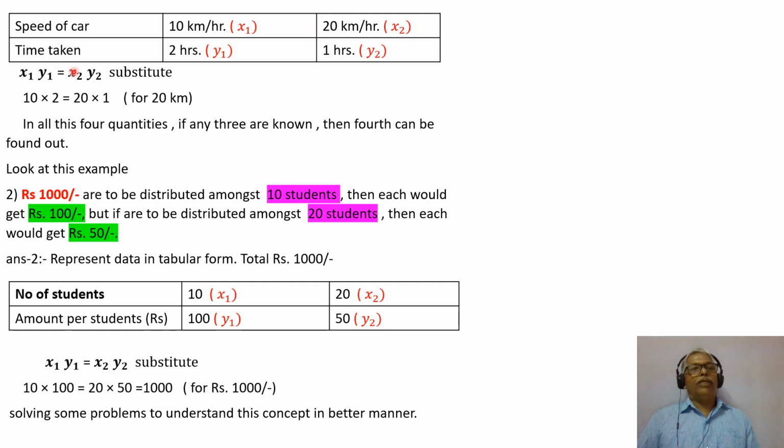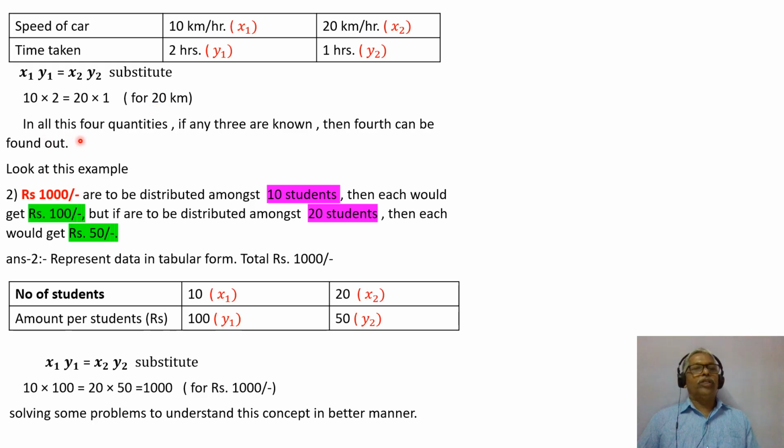We have seen the major part of this example in the previous slide. Now we will just check x1 y1 equal to x2 y2, whether this is correct or not. Substitute x1 y1: 10 into 2 equal to 20 into 1 is 20 kilometers, the distance.